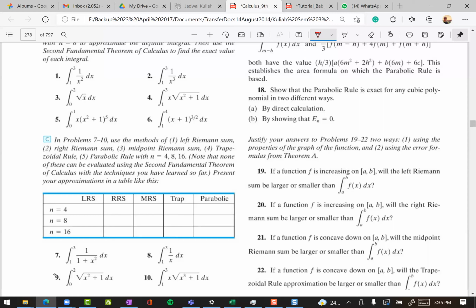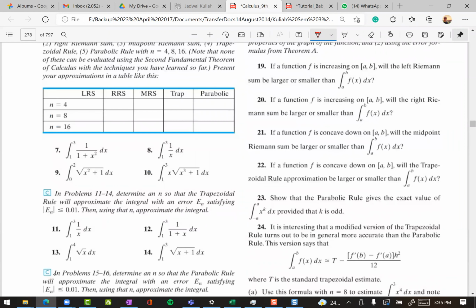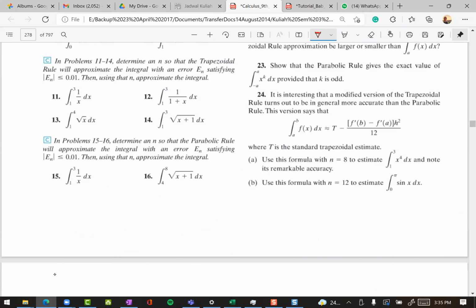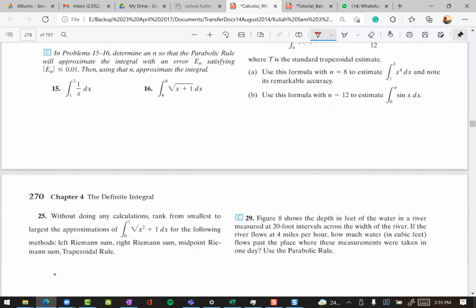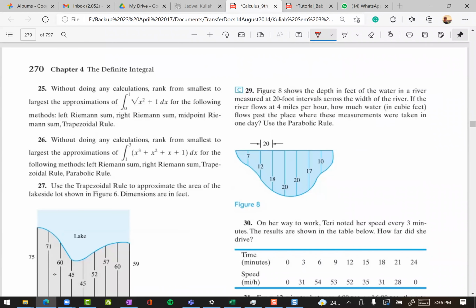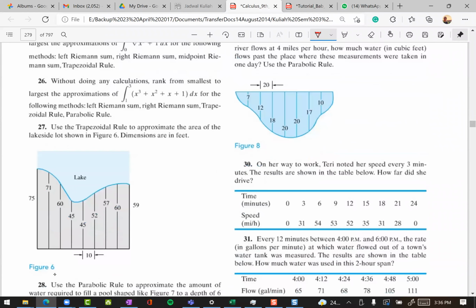All right, I'll give you, let's see, where is it. Okay, so let's see here. Number 27.